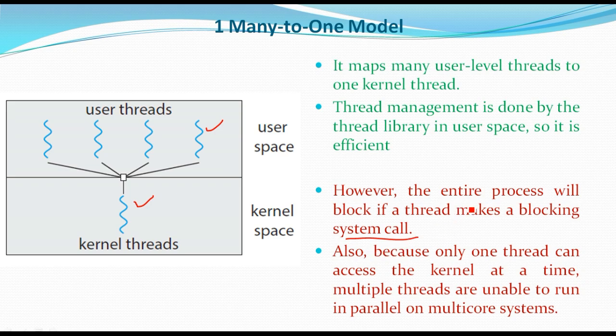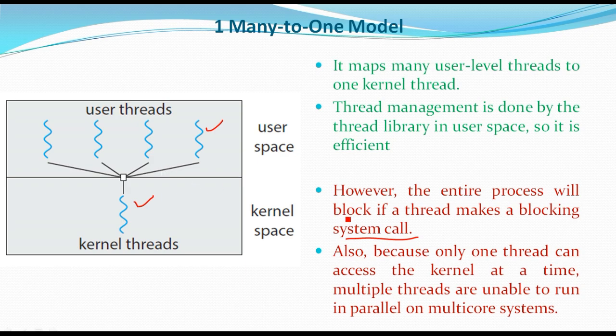Also, only one thread can access the kernel at a time. If you see, there is only one kernel thread and we have multiple user threads, so only one thread can access the kernel thread at a time. Multiple threads are unable to run in parallel on multi-core systems.